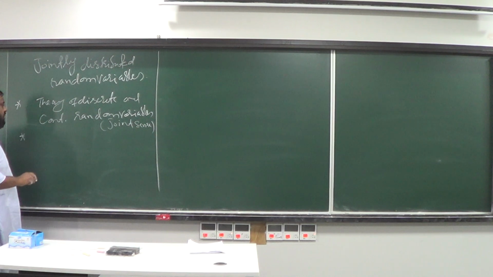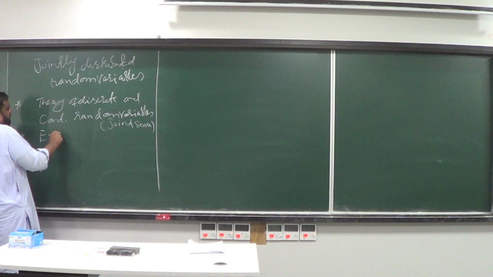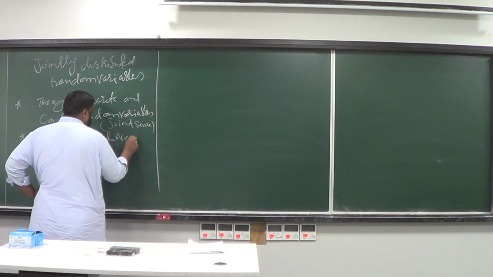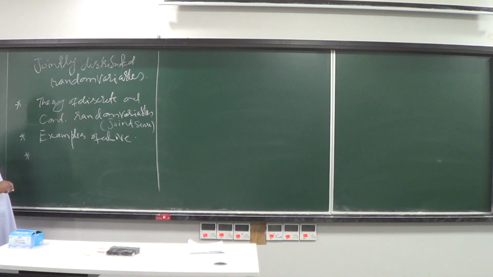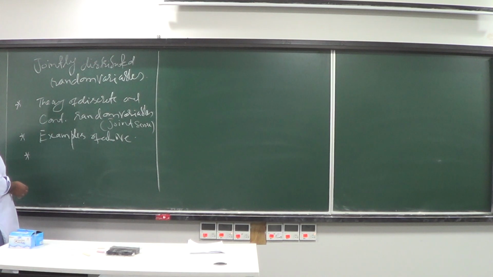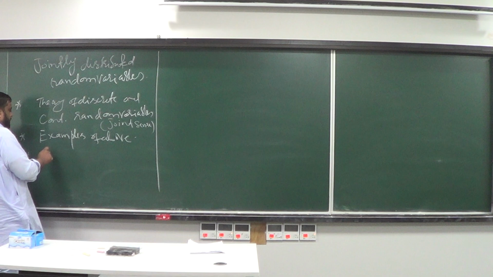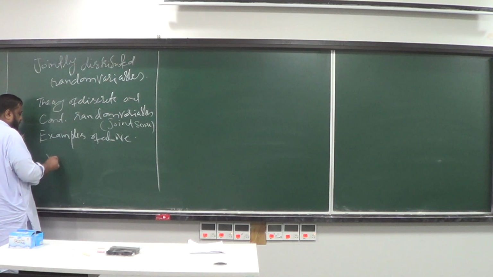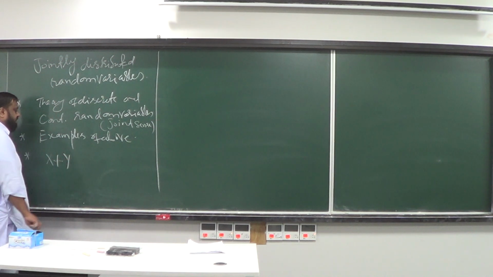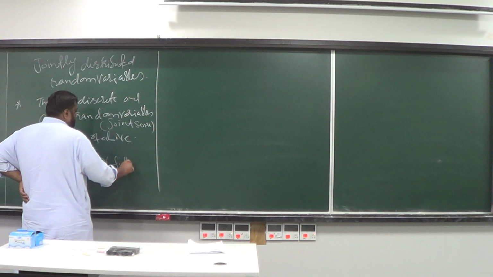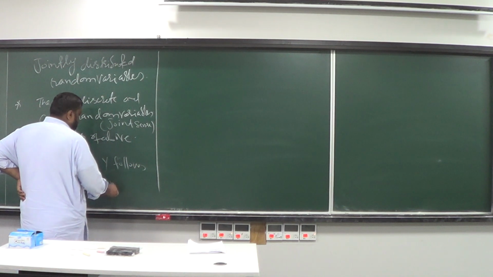Then we'll obviously talk about some examples of the above, and then we'll talk about how to compute, for example, the sum of two random variables where x and y follow some probability distributions.